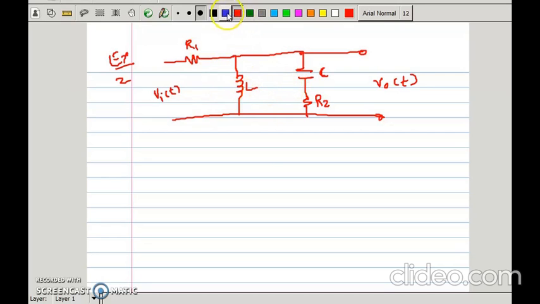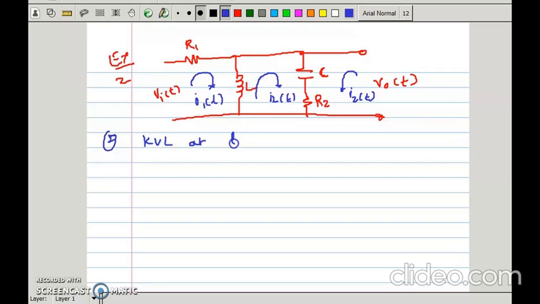Let's start again. As we know, there are three loops. The first loop we consider as I1 of t, the second loop as I2 of t, and the third loop is again the same I2 of t. Let's start. Apply KVL at loop 1. In loop 1 there are two components, resistor R1 and inductor.